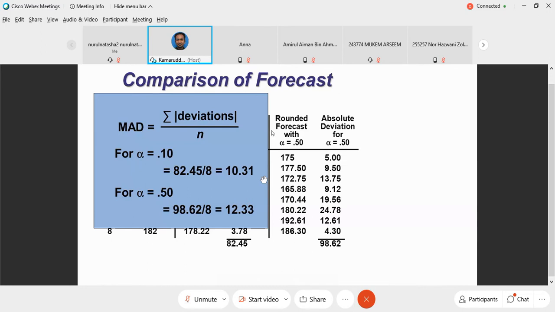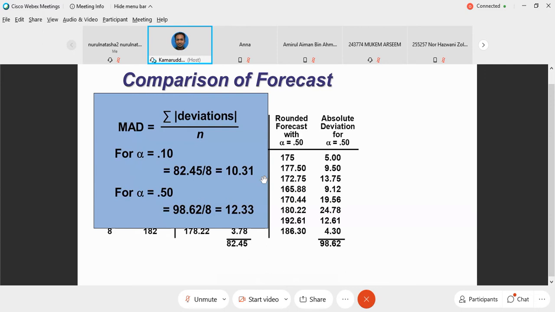So we can conclude that based on the mean absolute deviation, exponential smoothing with the alpha value 0.1 will be chosen as the forecasting technique because the mean absolute deviation provides the lowest value compared to the exponential smoothing with alpha value 0.5.